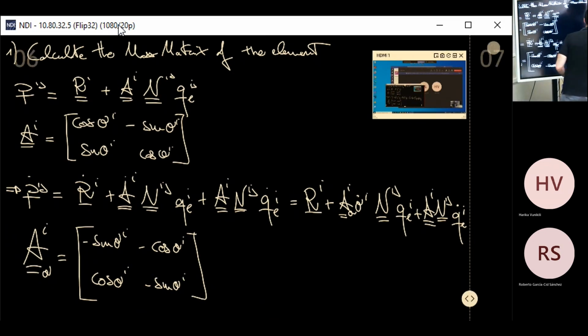Therefore, our P dot ij can be written as I, identity matrix, we have minus A theta.